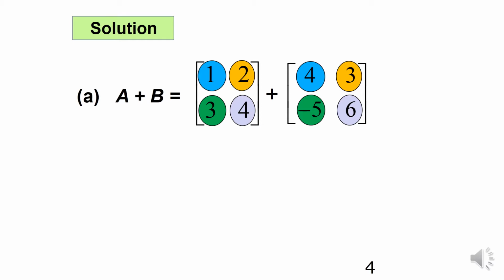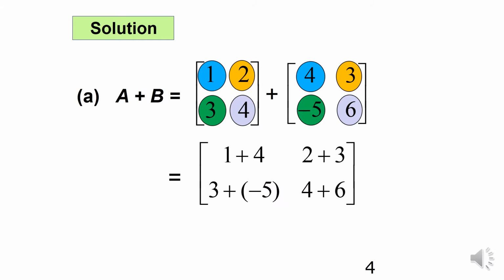Then we just add up the elements. So we have 1 plus 4, 2 plus 3, 3 plus negative 5, and 4 plus 6. The answer is 5, 5, negative 2, 10.